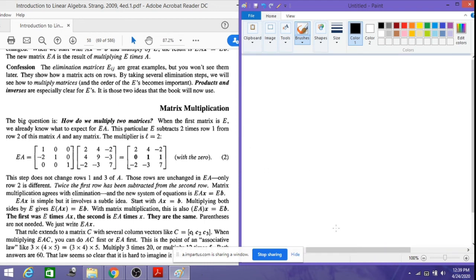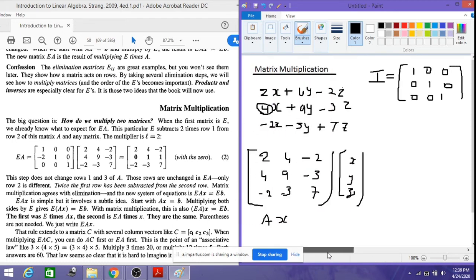To do that with the elimination matrix, as we discussed just before, I have to modify my identity matrix. My identity matrix is 3 cross 3 now. So it is 1, 0, 0, then 0, 1, 0, then 0, 0, 1. This is my identity matrix. Now, I have to subtract 2 times equation 1 from equation 2, so I have to multiply the first equation by 2.